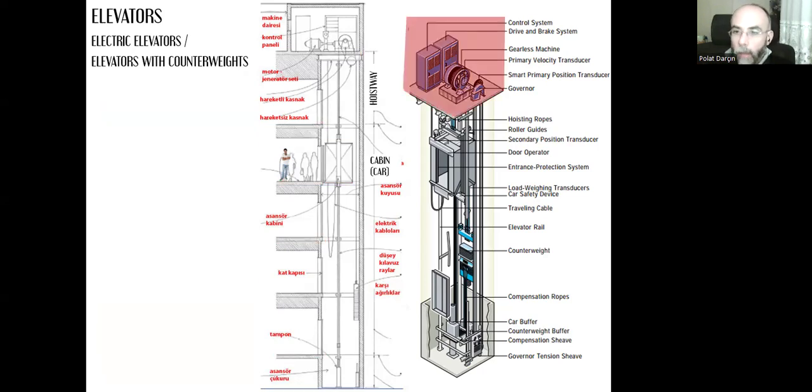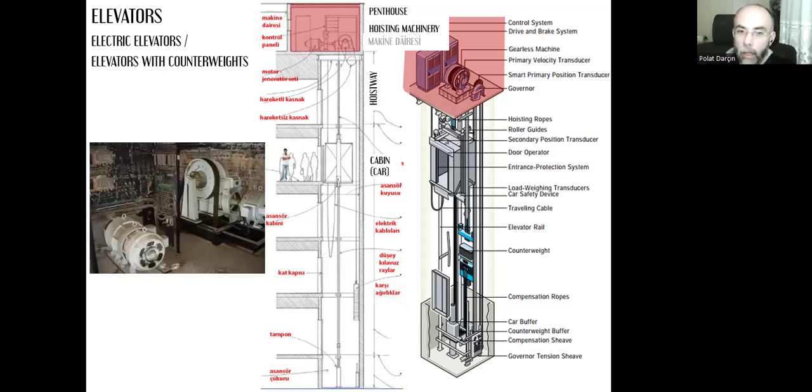At the top, we have this area that is called a penthouse or hoisting machinery, makine dairesi in Turkish. It looks like that. There are lots of mechanical systems, these pulleys and gears and electrical devices, lots of cables, generators.